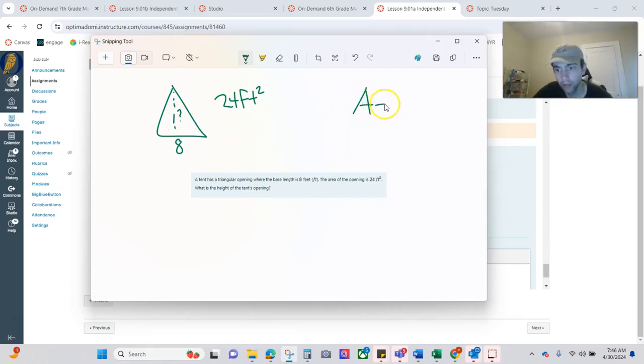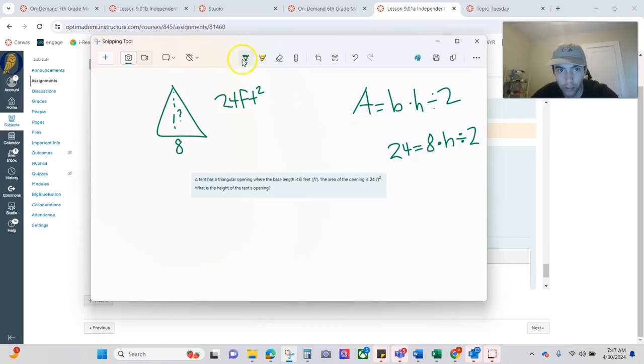To find the area of a triangle, we can use the formula base times height divided by 2. Looks like here we know the area is 24, and the base is 8, but we don't know the height. So let's simplify and solve.